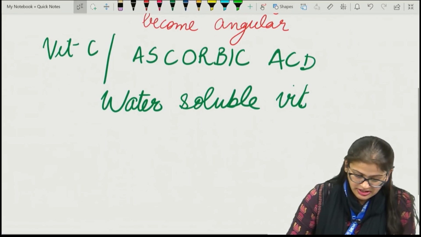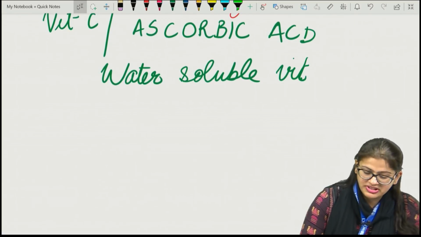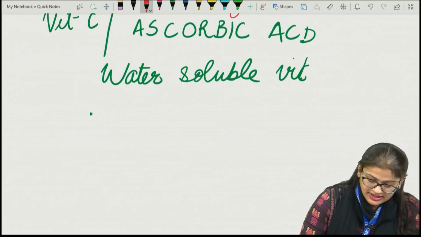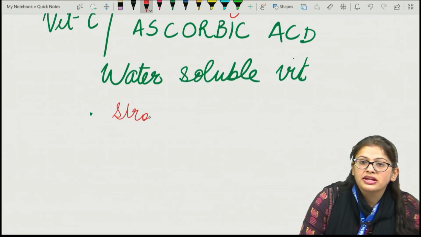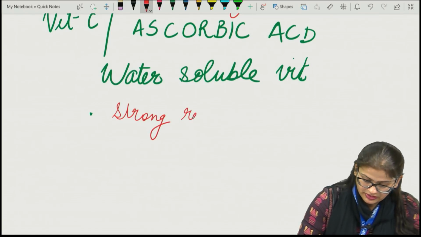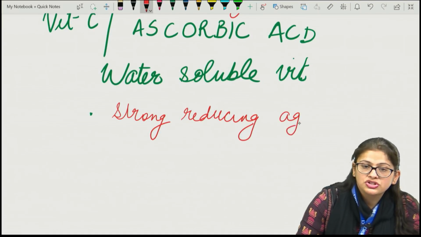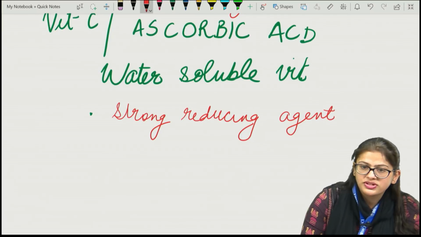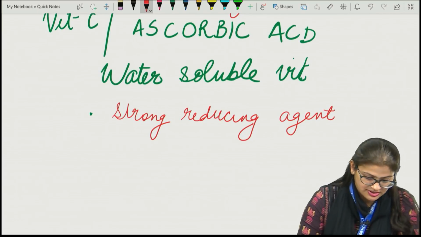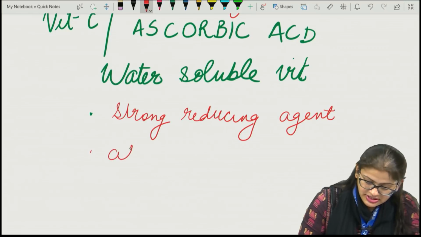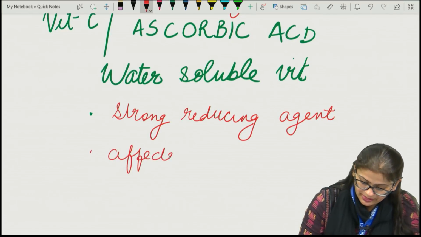And what are the main functions of vitamin C? It acts as a strong reducing agent for the normal functions of leukocytes, fibroblasts and osteoblasts. It also affects the immune response.